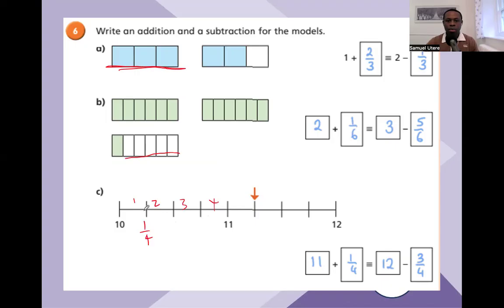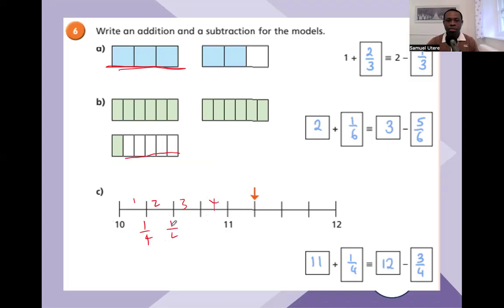Because remember how we work out interval values? We take the value between the numbers at the ends of the interval we're working with, and we divide by the number of intervals. So 11 minus 10 is 1. 1 divided by 4 is a quarter. So we know it is increasing by a quarter every time.